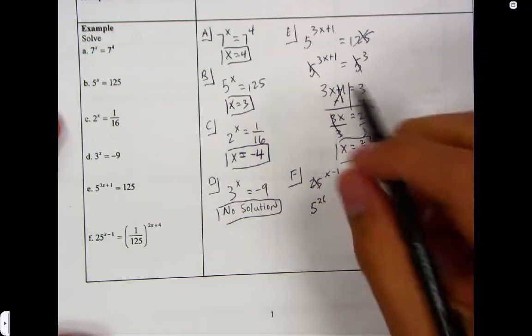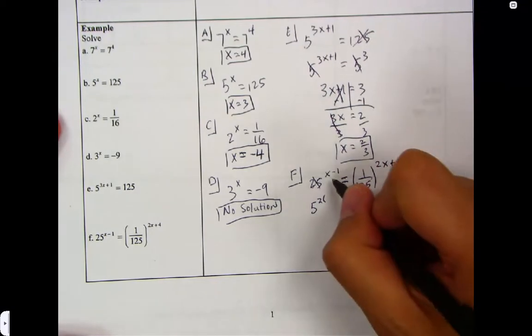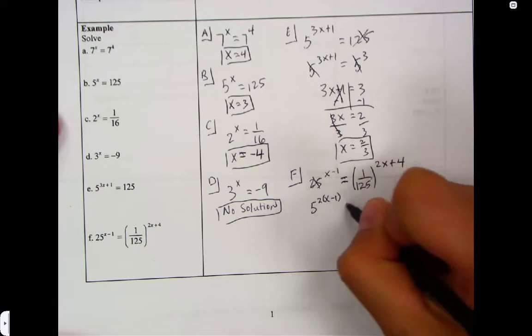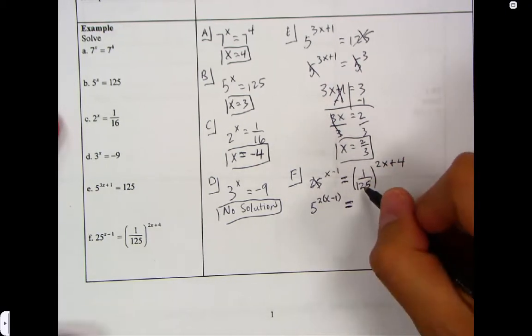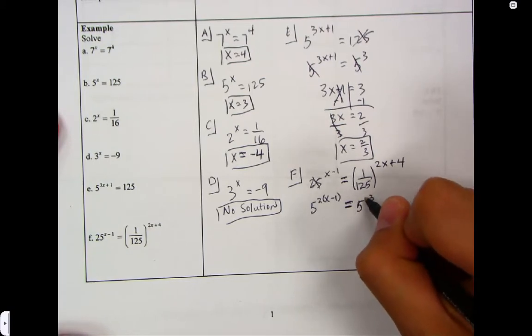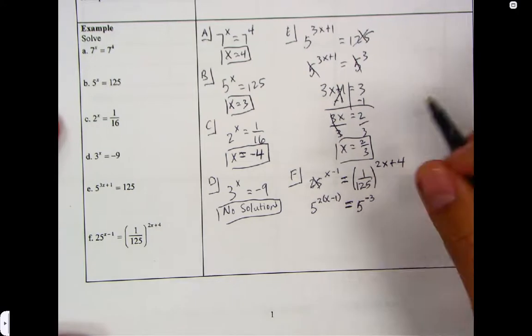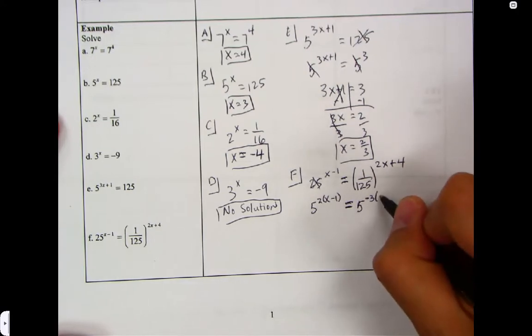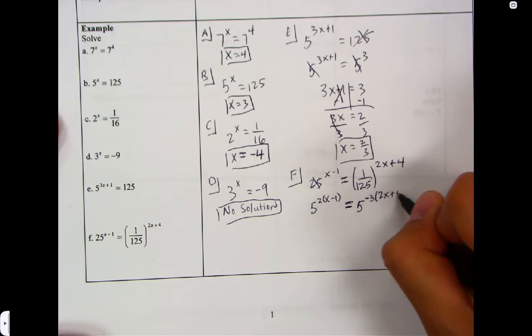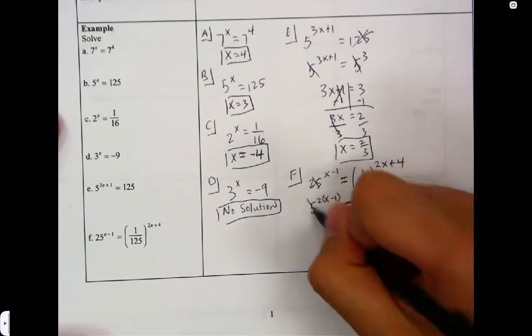I'm going to put parentheses right next to the 2. I still need this exponent right here, so I'm going to just bring it down, x minus 1, equals, now 125 is 5 cubed, but since it's a fraction, the exponent's negative. I'm going to bring in parentheses, bring this exponent down, 2x plus 4. The bases are the same, so they cancel out.